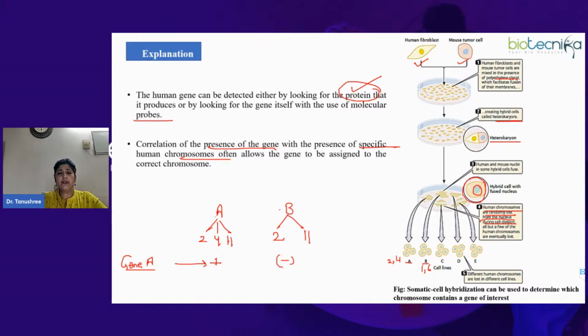What is the difference between these two cell lines? They differ in chromosome number 4. Since we are getting the product of the gene here, it means that the gene is present, and it is present on chromosome 4. So like this, you can find the correlation between the presence of the gene, by looking at its product, and the presence of a specific human chromosome.